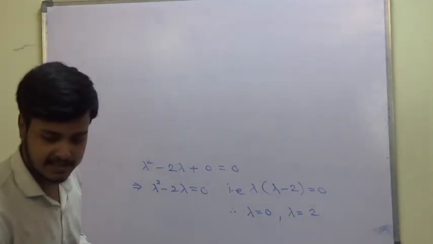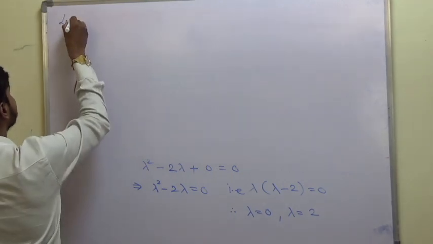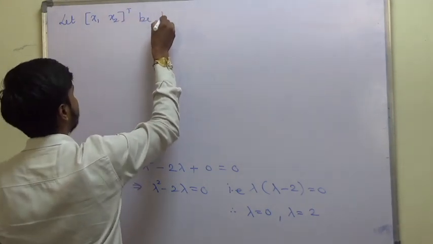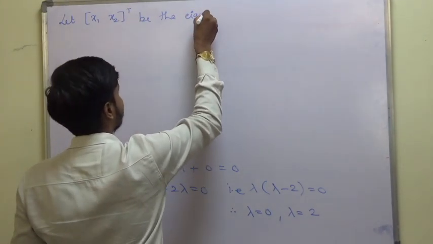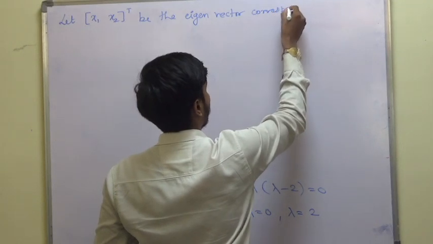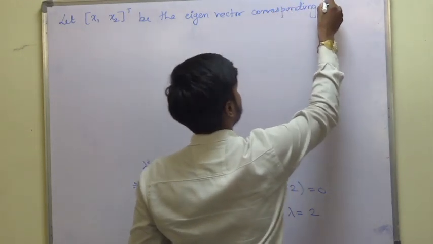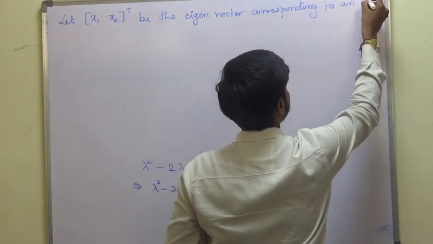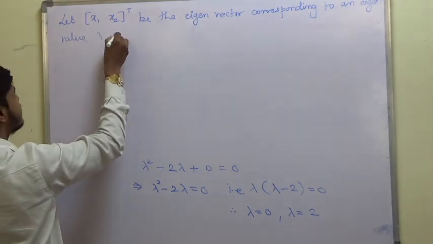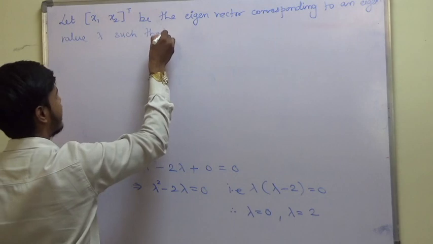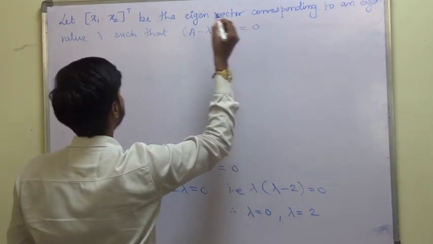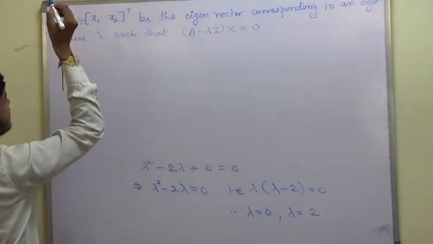So let us write down one sentence. Let x1 x2 transpose be the eigenvector corresponding to an eigenvalue lambda such that A minus lambda I operating on x is equal to 0, and I can certainly say let x is equal to this.